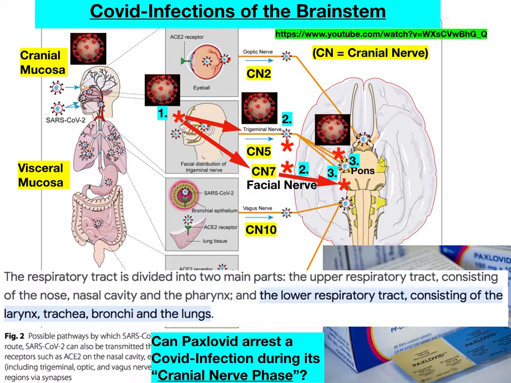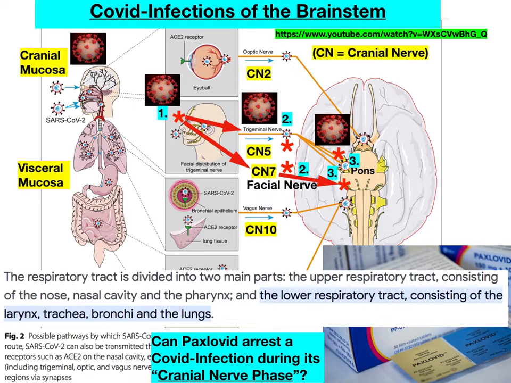Below that panel of the face and neck is a diagram showing elements of the lower respiratory tract, the bronchial epithelium as well as the lung tissue, both of which have cells which express ACE2 receptors, which facilitate the entry of CoV-2 virions into cells.